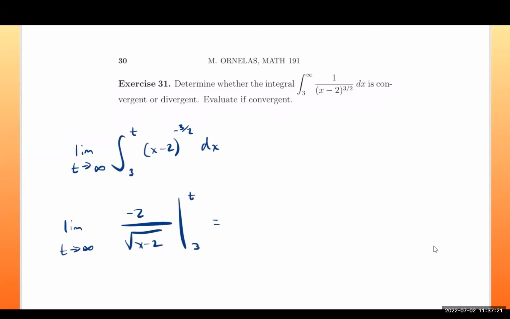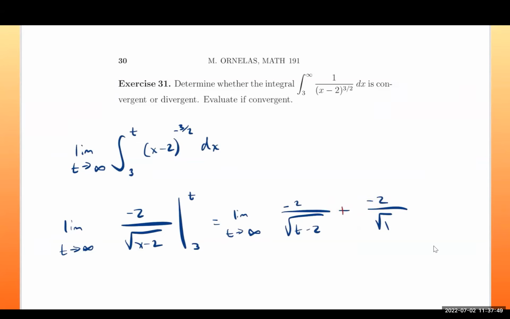All right, and then this can be rewritten as the limit first, negative 2 over radical t minus 2, minus negative 2 over, if you substitute 3, you're just going to get radical 1.